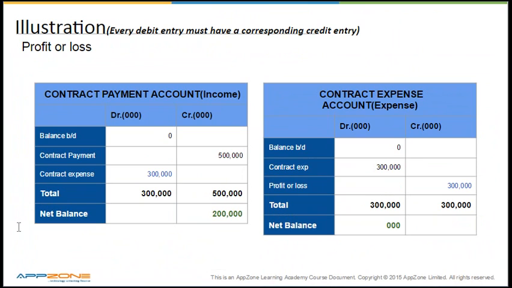So we have the income account for the contract done, where we received the total sum of 500 million credited to our income, and we have our contract expense, the initial 300 million incurred in the execution of the contract.